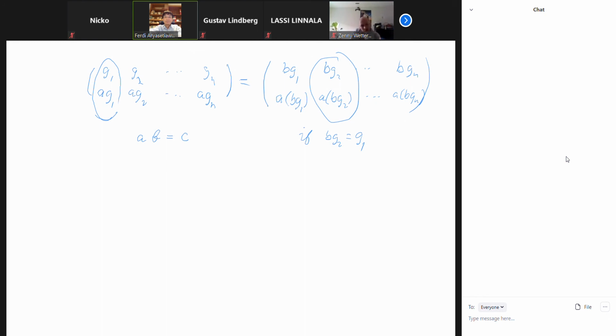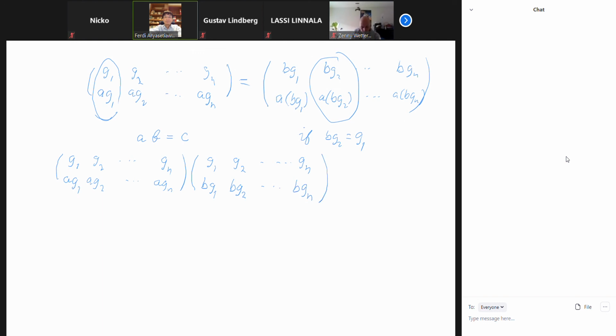So we have that G1, G2, Gn, AG1, AG2, and I have all these things in the notes, but now I want to go through this step by step. And now it is B. So I'm just multiplying A and B and replace A by the permutation and also B. Like that.